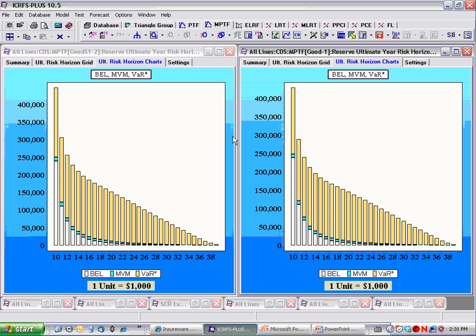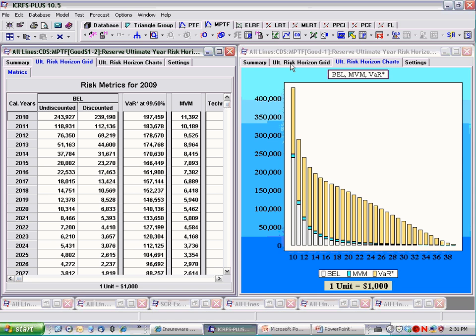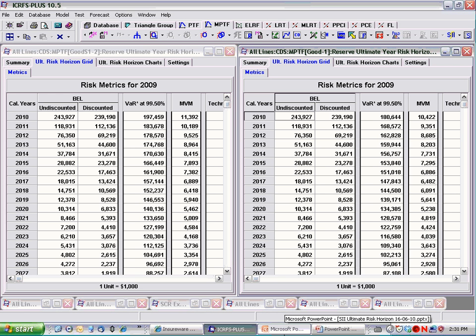Okay, well that's the difference in the SCR and so on for subsequent calendar years. 183, 168. And of course we can compare this by actually looking at the tables. Yeah, so you lose some diversification credit if you make the LOBs non-fungible or you ring-fence each LOB.